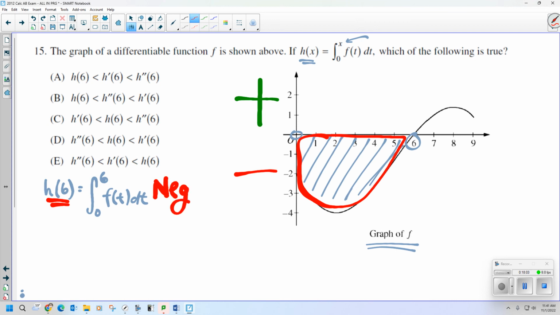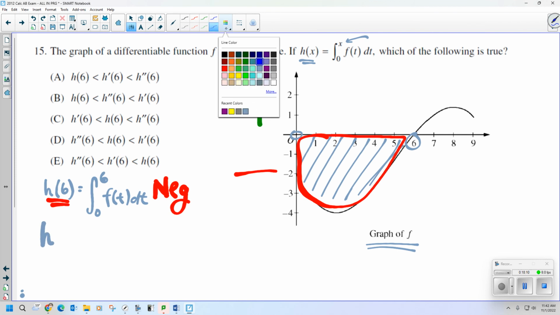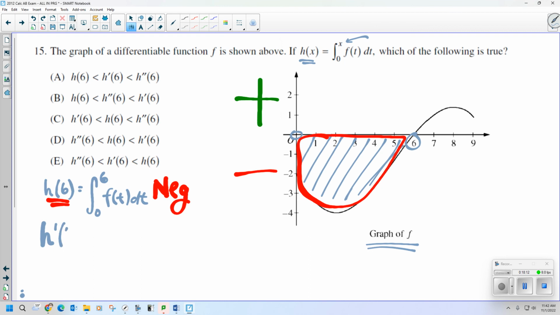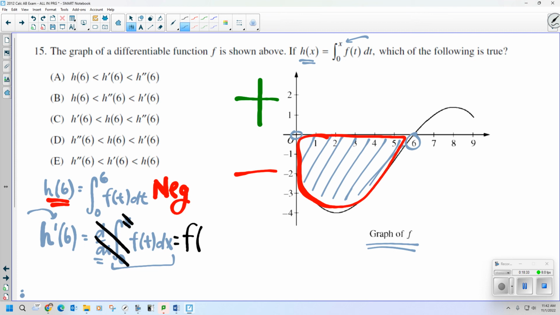All right? Let's now find h prime of 6, okay? Which means I got to take the derivative of our function. If this is h, I want the derivative of it, which is going to work out nice because these cancel, and so does this, and I end up with just f of x.